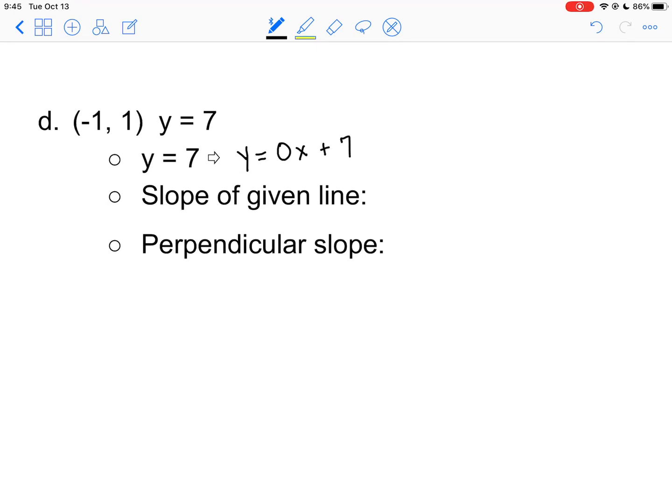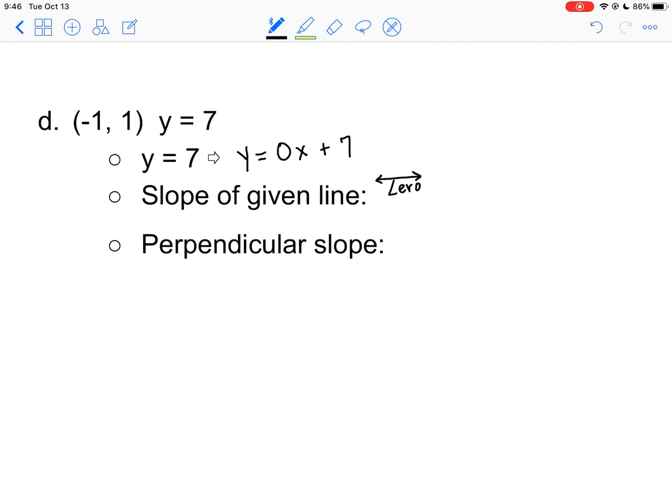That 0 is what makes the x value disappear. So the x doesn't show up in the equation because it had a 0 slope. Remember that a 0 slope is our horizontal line. So 0 slope is a horizontal line that would cross at 7 on the y-axis.